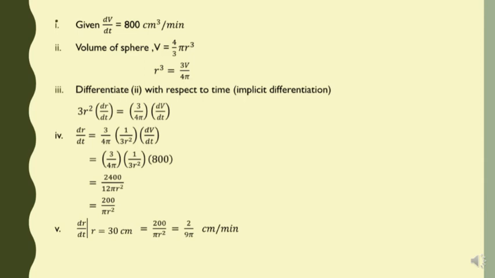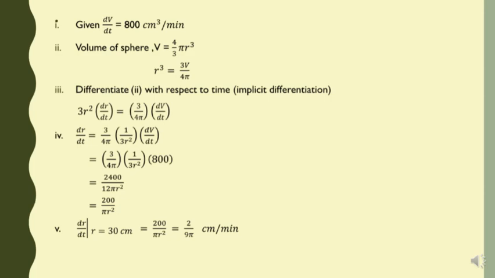So the last solution is we get dr over dt equal to 3 over 4 pi, 1 over 3 r squared, dV over dt.